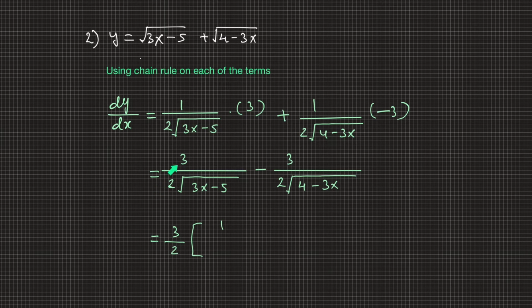Taking 3 over 2 as a common factor and rearranging, we obtain dy/dx equals 3 over 2 times 1 over root 3x minus 5 minus 1 over root 4 minus 3x.